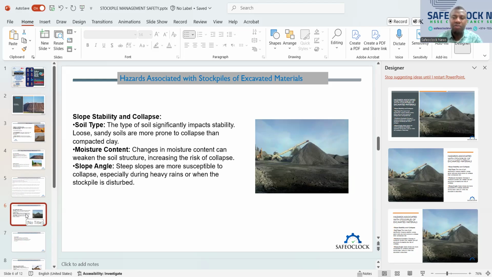If the angle of the sloping is too steep, then it can easily collapse. And when it collapses, maybe during rainfall or when there is a change in weather conditions, this can cause injury to people or someone around the vicinity.